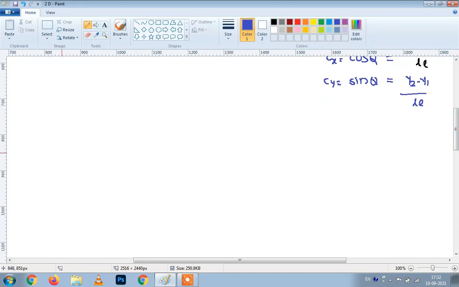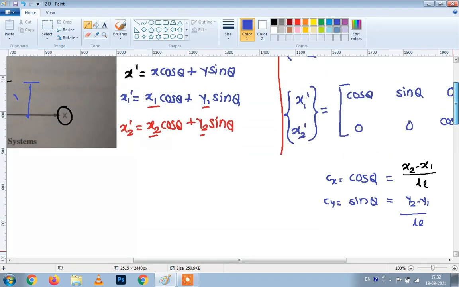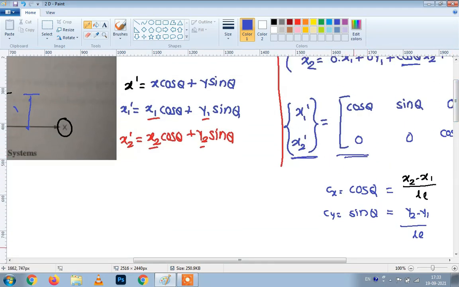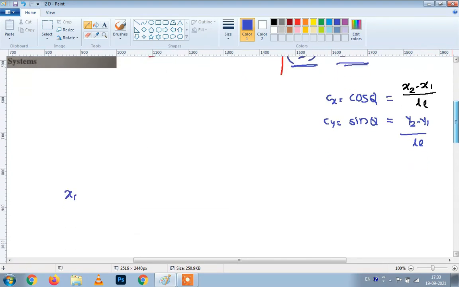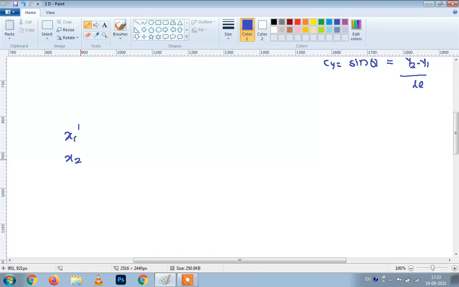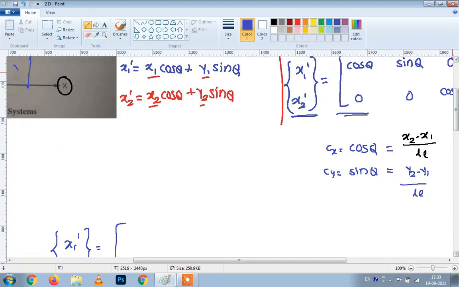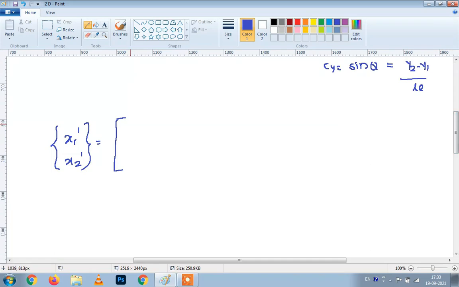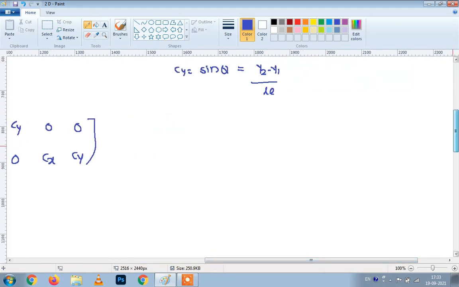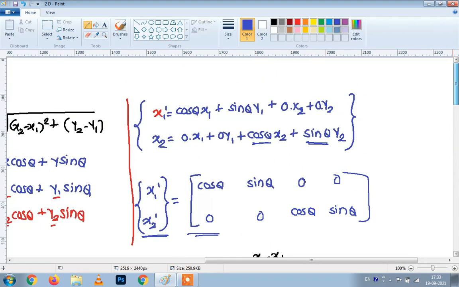So considering that, we are writing this equation. x1 dash, x2 dash is equal to, here the first row is Cx Cy 0 0, and the second row is 0 0 Cx Cy, into the vector.